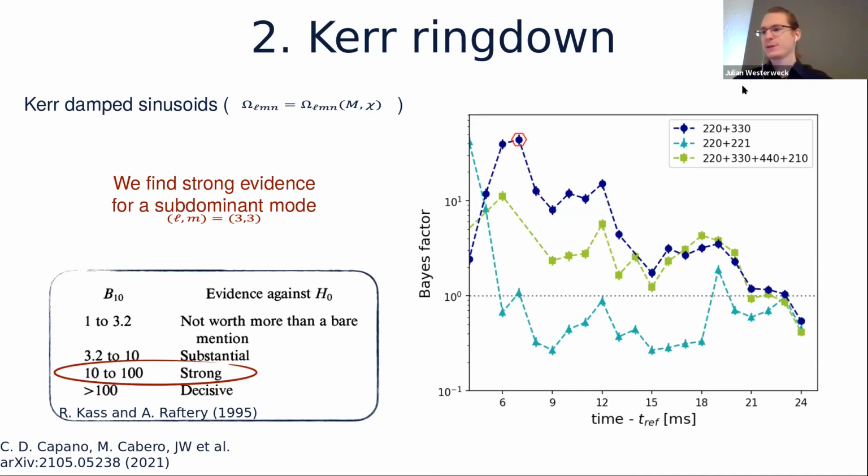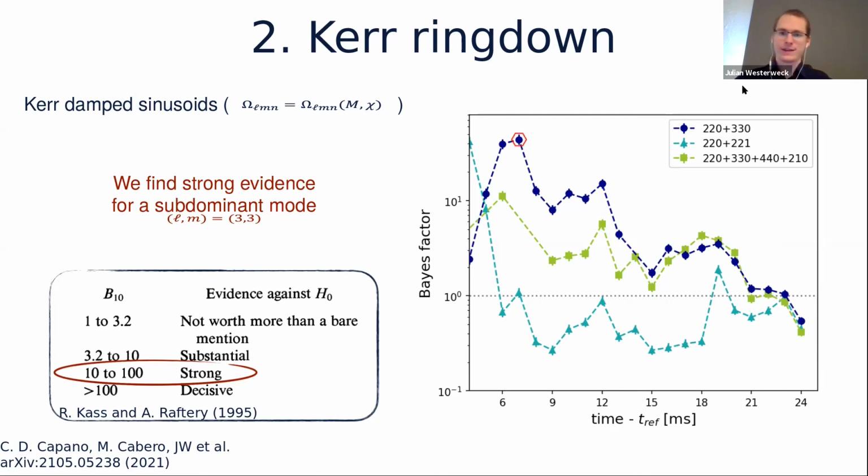The Bayes model we compare against is a model assuming the presence of only one mode, the fundamental one. And on the right, you can see the Bayes factors for different models compared to this single mode model, where we have different combinations of modes in the model that we compare with the fundamental only. And as there is some uncertainty in the exact merger time of the event, we perform this analysis at different times after this merger time.